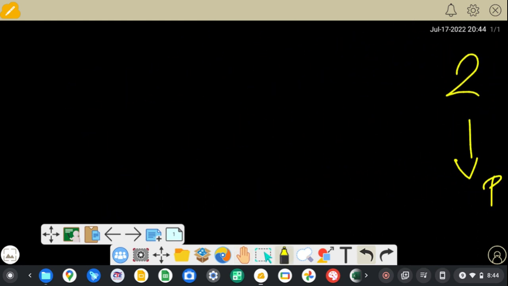So what is this one? 4. 4 is a composite number. Why composite number?